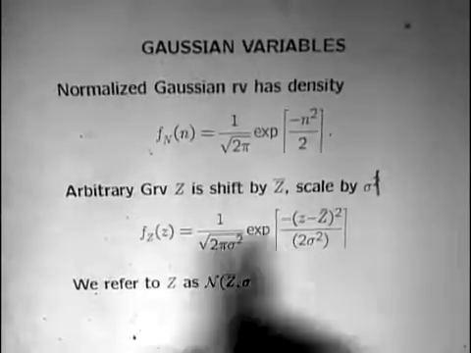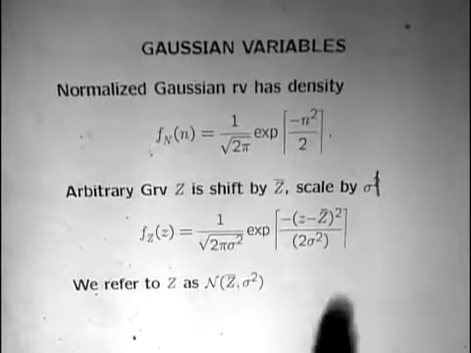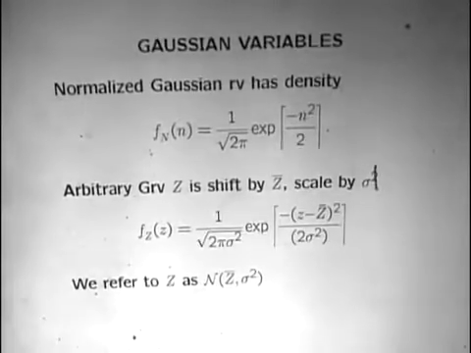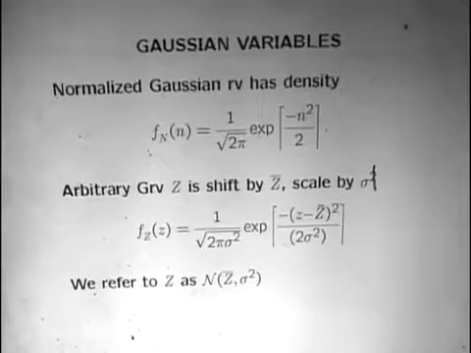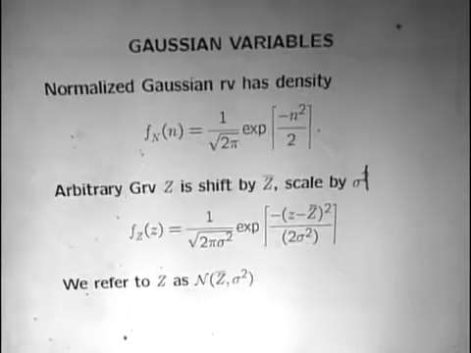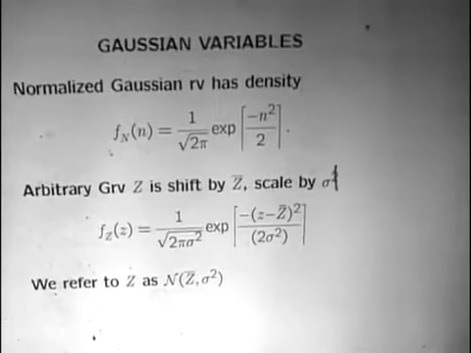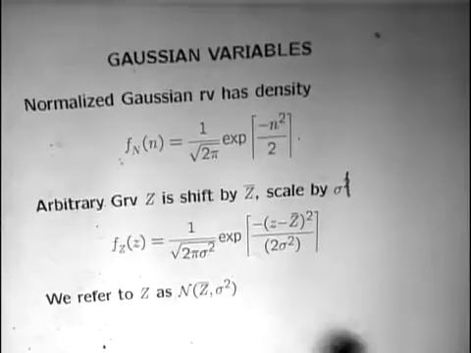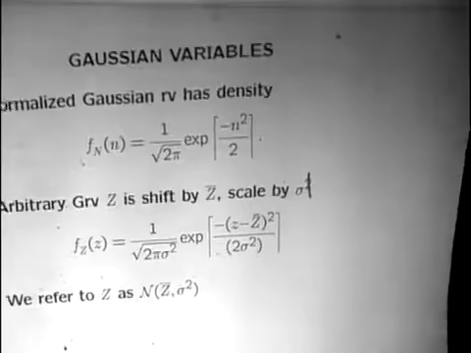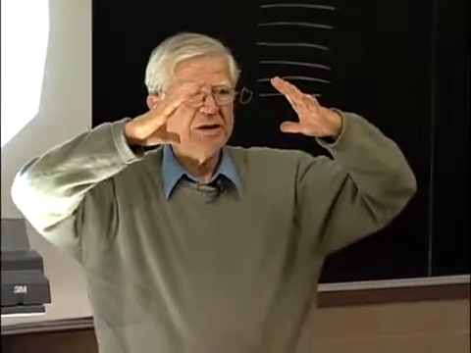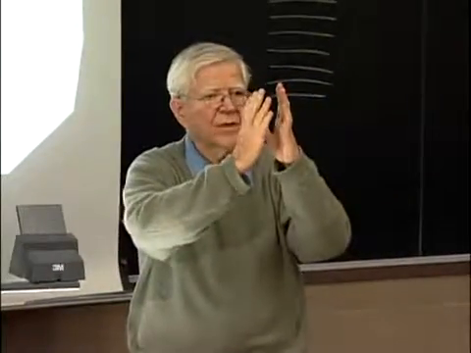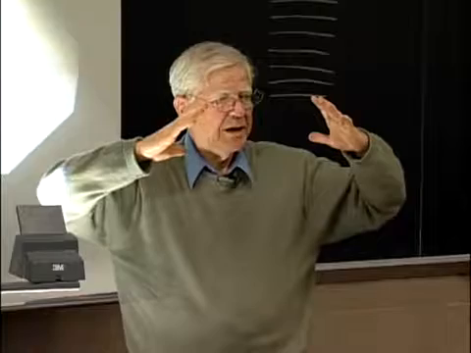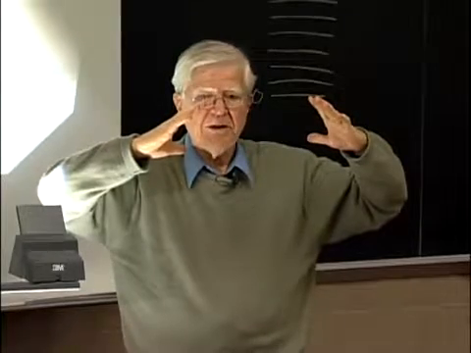In other words, the shifting just shifts the whole thing by z bar, so this density peaks up around z bar rather than peaking up around 0, which makes sense. And if you scale it by sigma, then you need a sigma in here when you have this probability density. You're going to be scaling it this way or scaling it that way, is what we mean by scaling it.